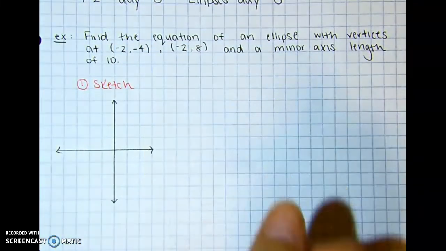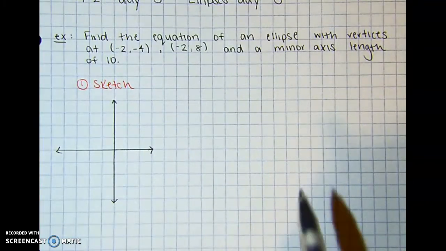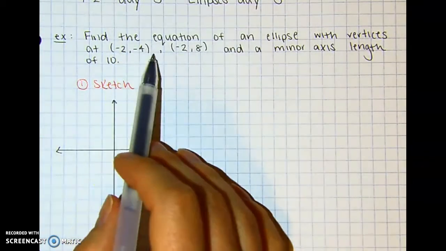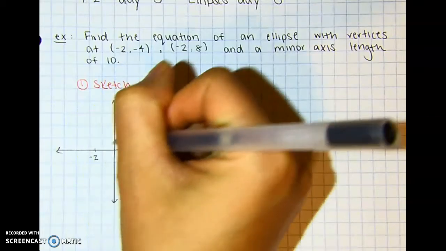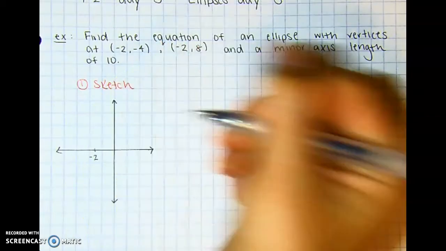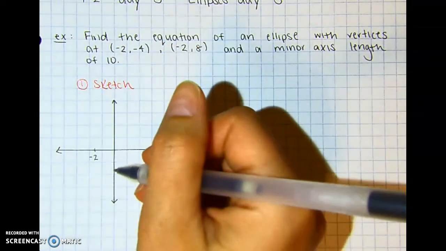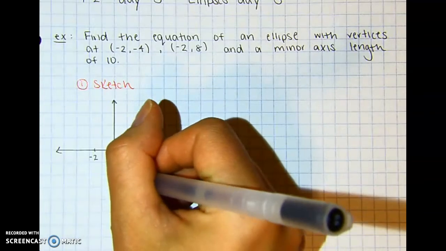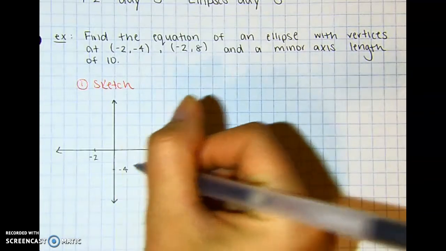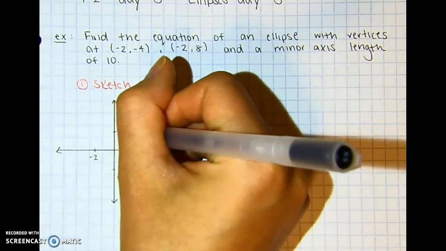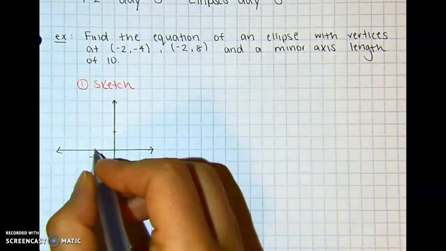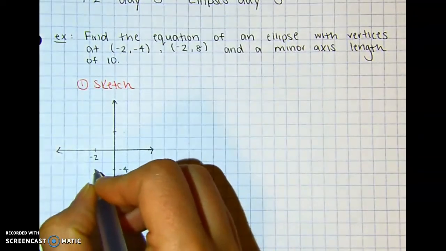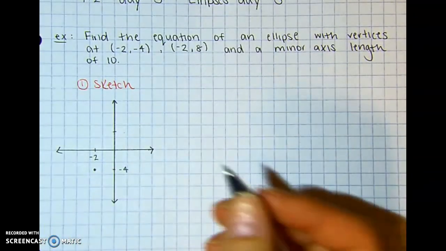If we have vertices at -2, -4, I'm just going to mark here -2, and then -4. So at -2, -4, here's a vertex.